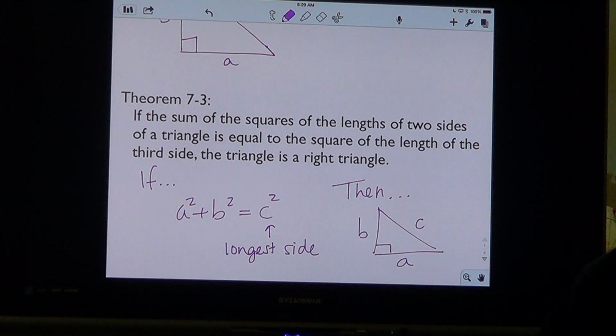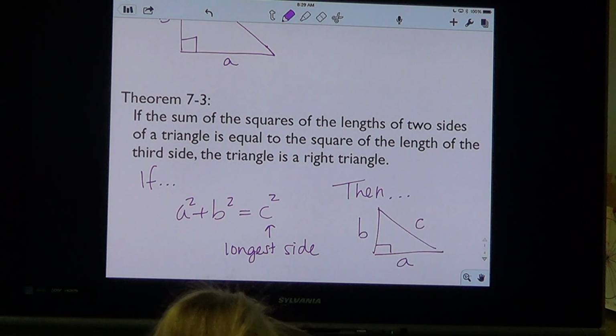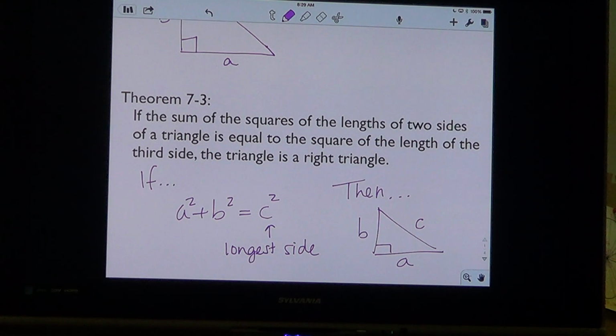So it's the converse where the if and the then statements are reversed. And when you're finished with that, if you would get out your book and turn to page 239.